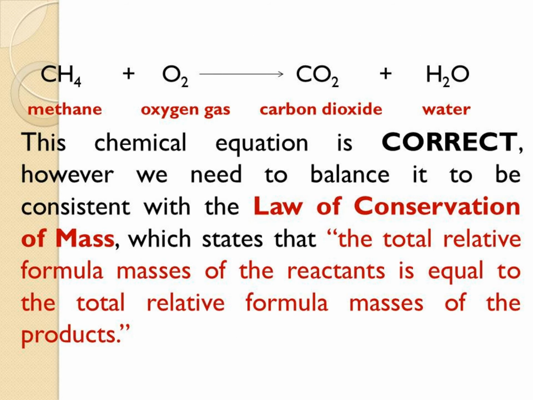This chemical equation is correct. However, we need to balance it to be consistent with the law of conservation of mass, which states that the total relative formula masses of the reactants is equal to the total relative formula masses of the products.